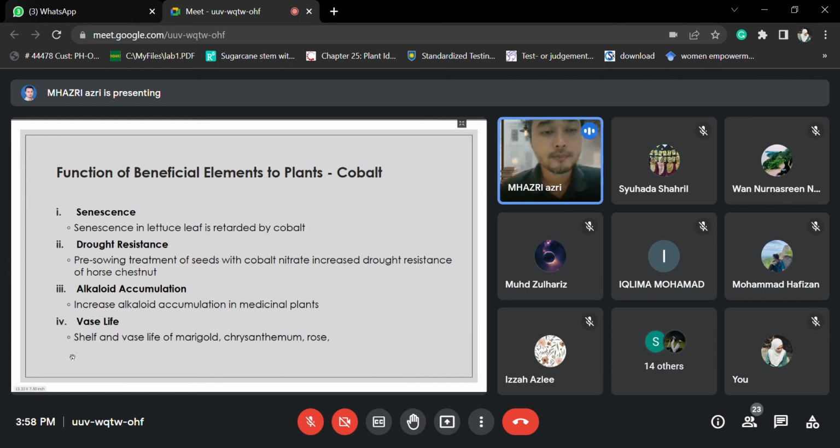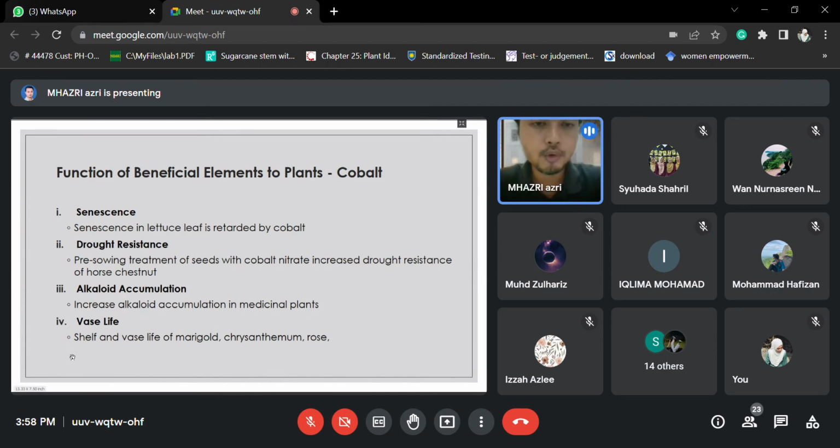Okay, apart from that, cobalt will also increase the alkaloid accumulations. Okay, so this is especially beneficial towards herbaceous plant, okay, ataupun ubat-ubatan herba yang kita gunakan untuk traditional medicines.